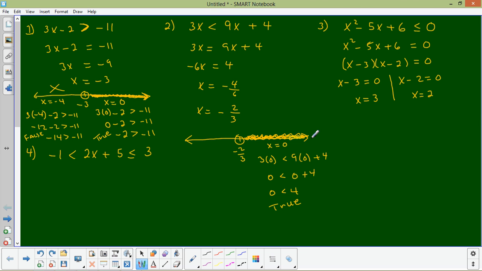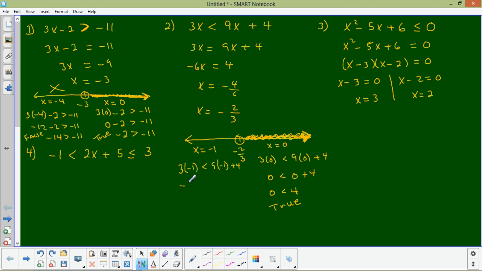And you probably already suspect it, but when we test the other interval, it isn't going to work, right? If I try a number down here, like negative 1, make sure you get a number in the interval, right? Negative 1 is below negative 2/3. So I got 3 times negative 1. And the question we're asking is, is that less than 9 times negative 1 plus 4?